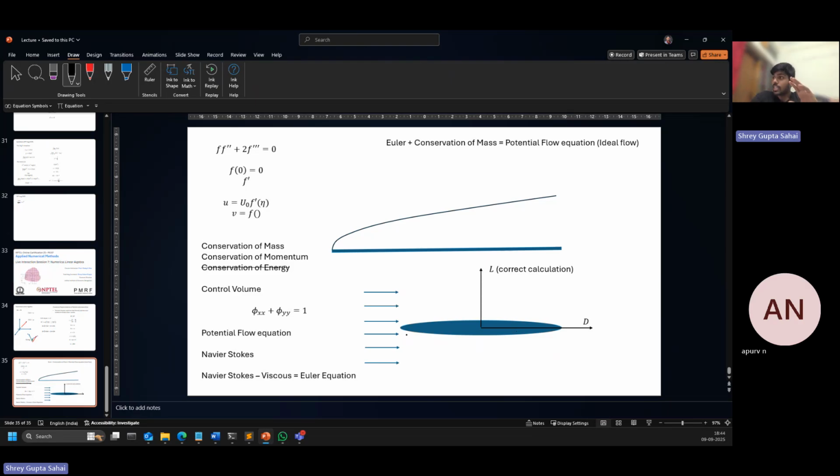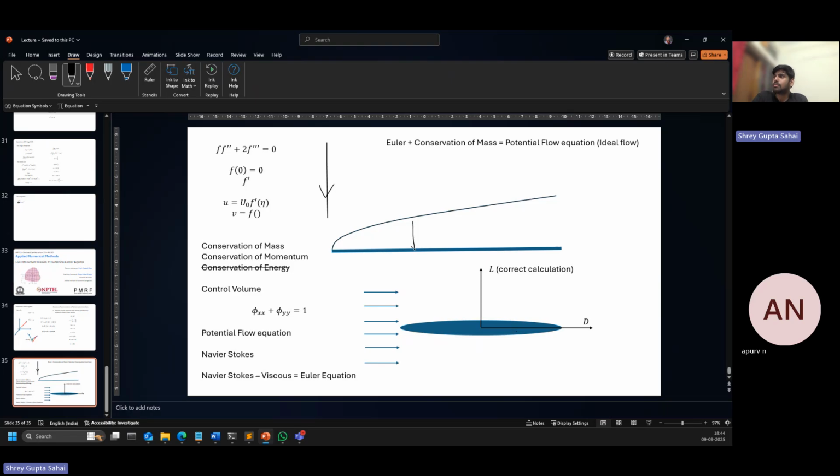Okay. So that was his postulate. He postulated the existence of a boundary layer. He had some postulates of the boundary layer, that a thin layer exists.